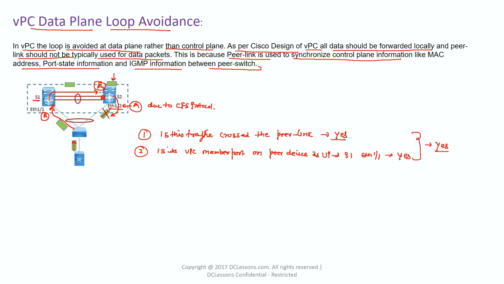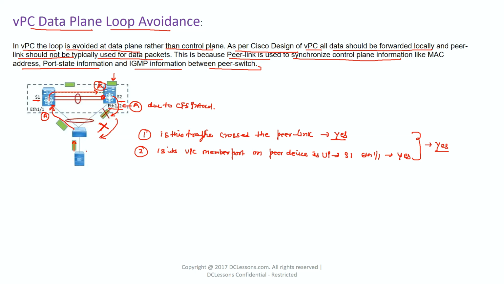Now, the switch S2 will see that the broadcast packet or a known unicast packet has crossed the peer link, and the S1 member port is already up. So in that case, the switch S2 will not forward the broadcast packet down to its VPC member port, right?